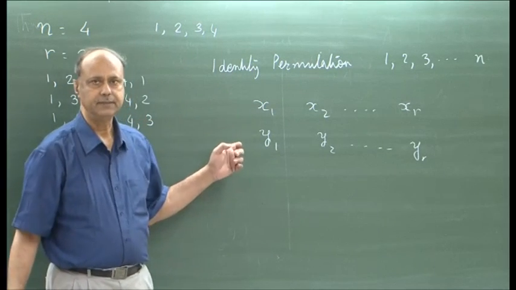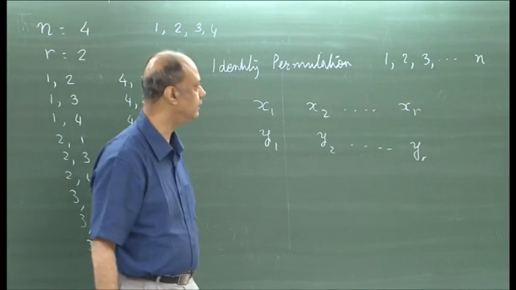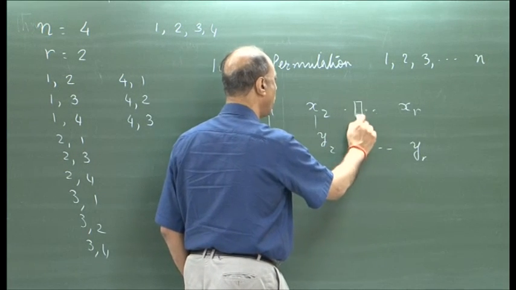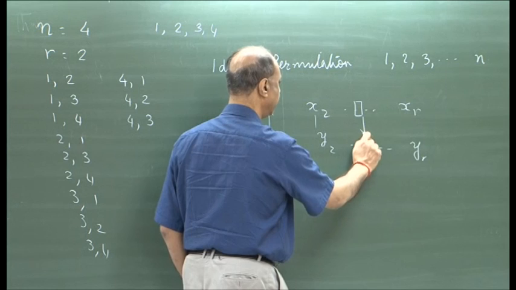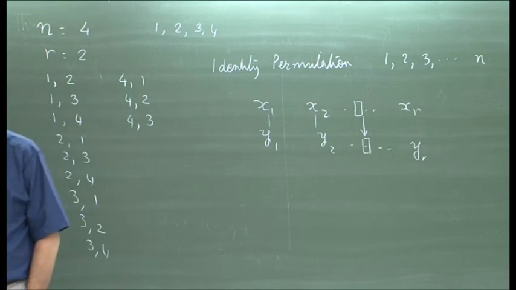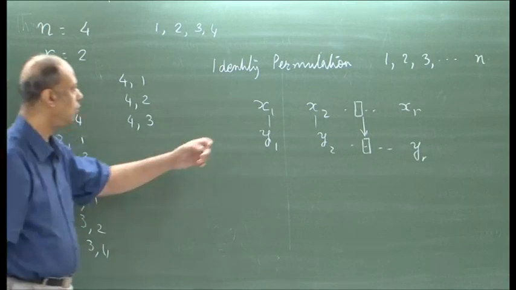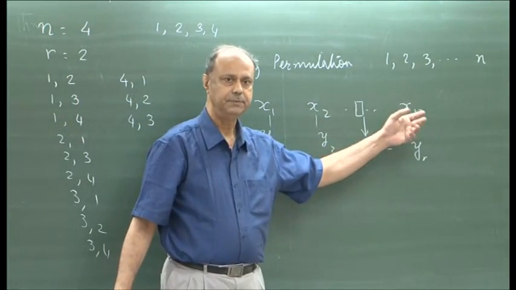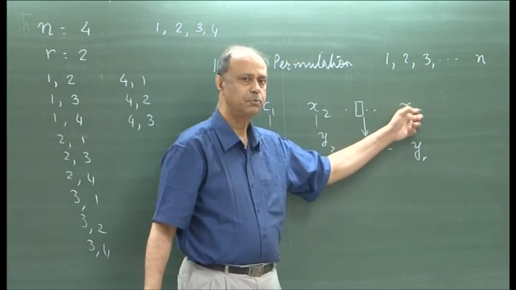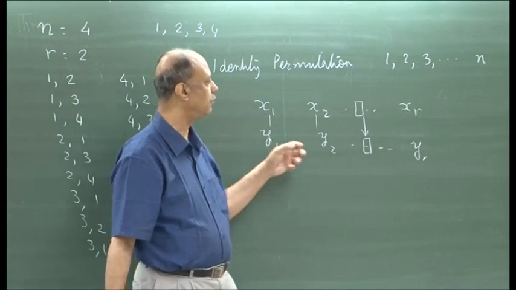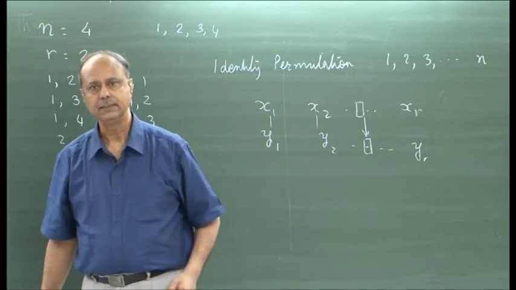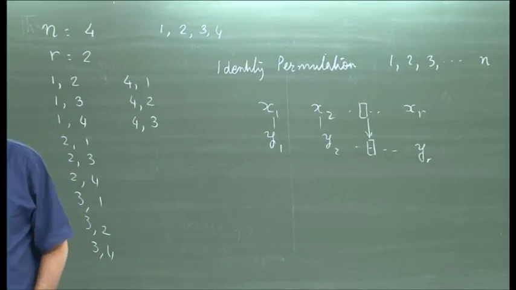These two are distinct if all of them may be the same except one of them is different. Here it is 1, 2, 3, 4, 5, 6 up to r, and here it is 1, 2, 3 up to r minus 1, and then r plus 1. Then you can tell they are distinct.